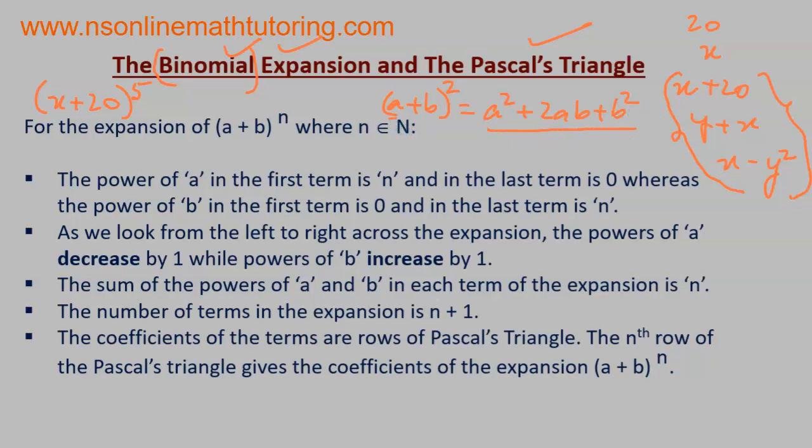A plus b is the binomial. We require this expansion part because of this power of 2, and this is a plus b times a plus b. If we multiply a plus b times a plus b, we get a square plus 2ab plus b square.